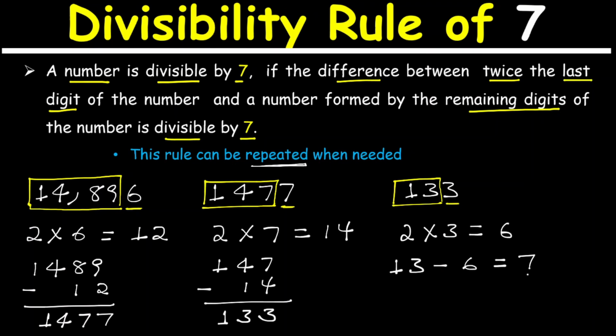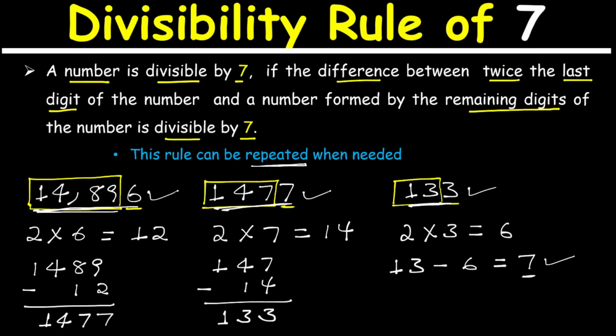Now we know that 7 is divisible by 7 because 7 divided by 7 is 1 and its remainder is 0. Therefore, since 7 is divisible by 7, the number 133 is also divisible by 7. Since 133 is divisible by 7, the number 1477 is also divisible by 7. Since 1477 is divisible by 7, the original number 14,896 is also divisible by 7.